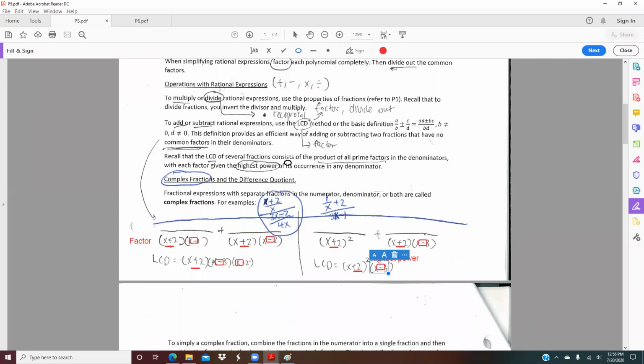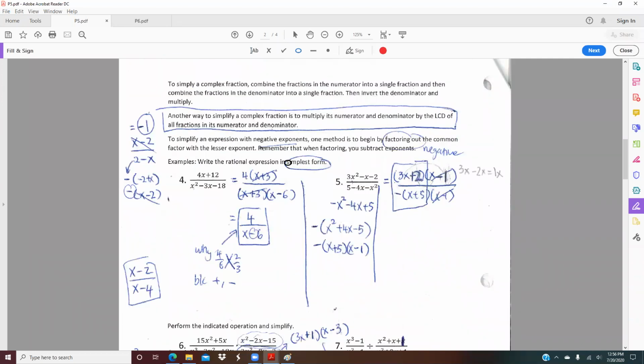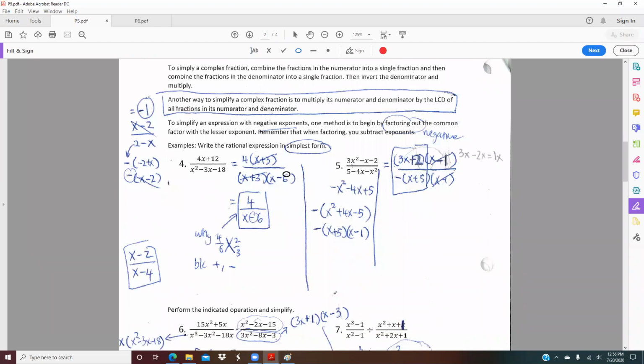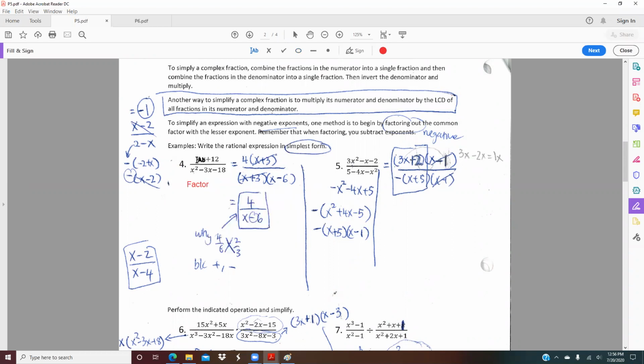This is a little bit more difficult than what you have. So let's do some examples here. So like example 4 and 5, in order for us to write this in the simplest form, and this is not adding, subtracting, multiplying, or dividing, you just need to reduce this. So how do we reduce this? We have to factor it. So 4x plus 2, the factor, you can factor 4 out, you get x plus 3.